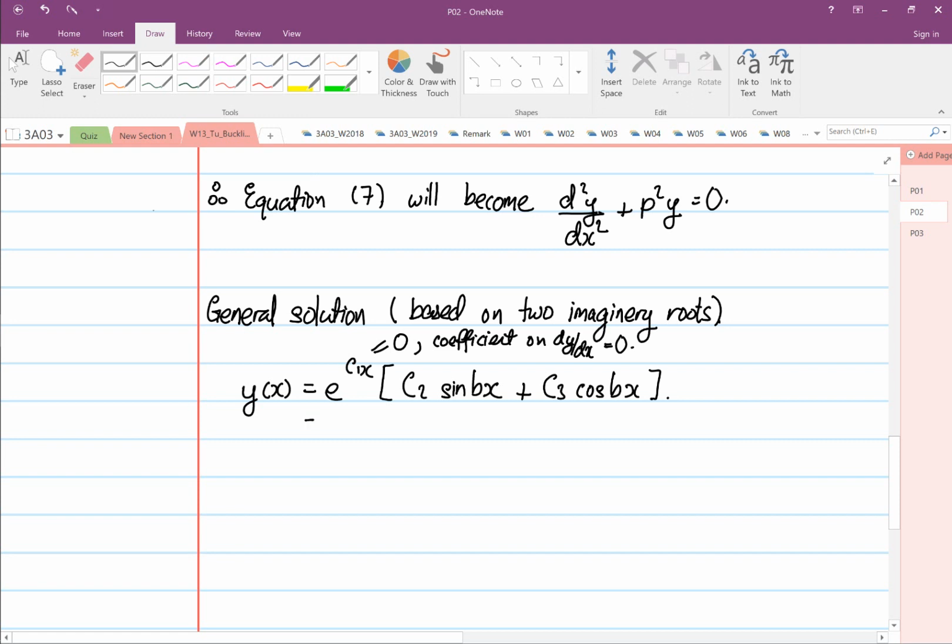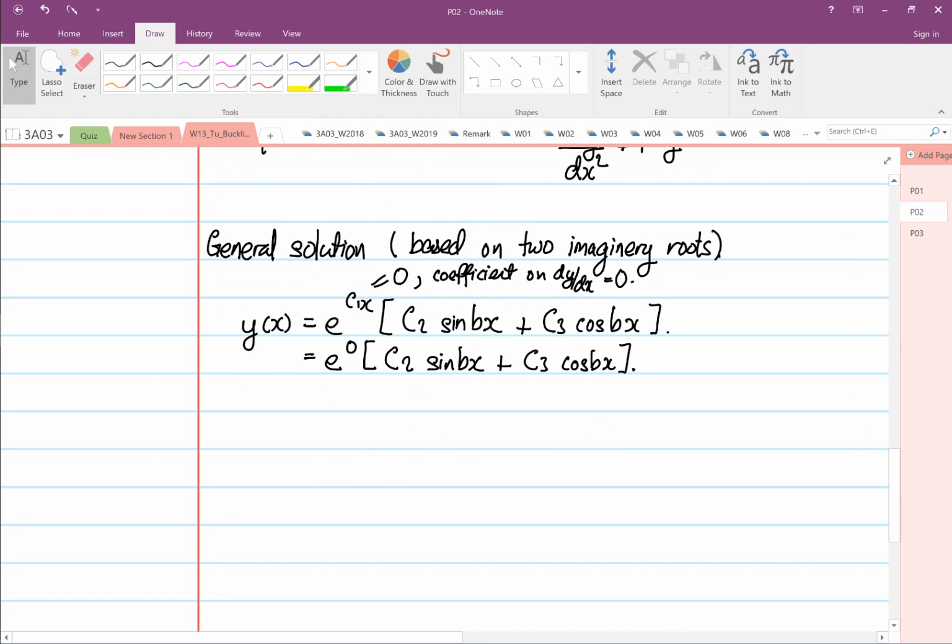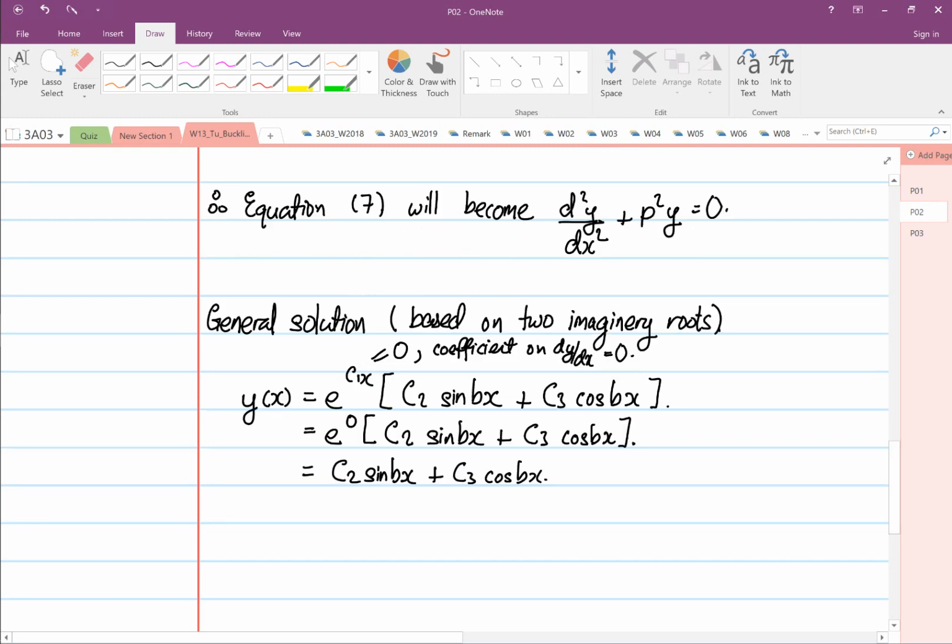This will be e to the power 0, or you don't have any decay, so you have c2 sin bx plus c3 cos bx. e to the power 0 is equal to 1, so it is c2 sin bx plus c3 cos bx.